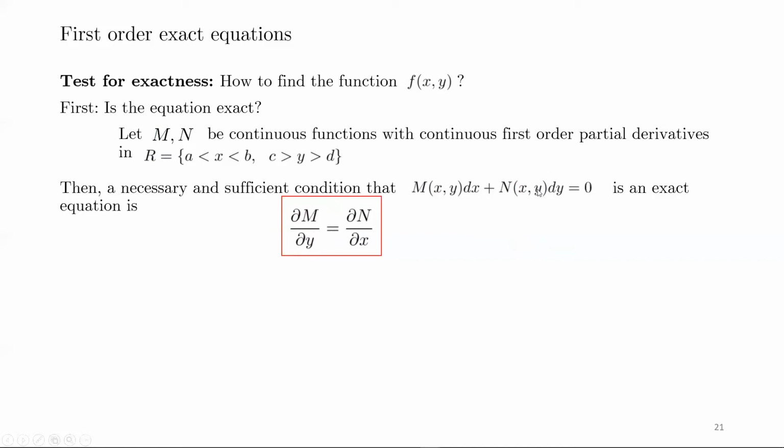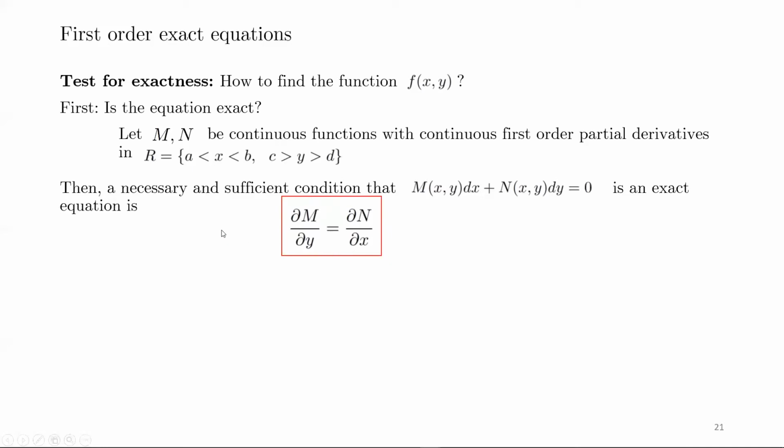Similarly, the function N is multiplied by the differential dy, but the partial derivative is taken with respect to x. So why is this true? What I'm claiming is, if I'm given a first order, potentially nonlinear ODE in this form, I can check if it's an exact equation by checking if the partial derivatives are equal.